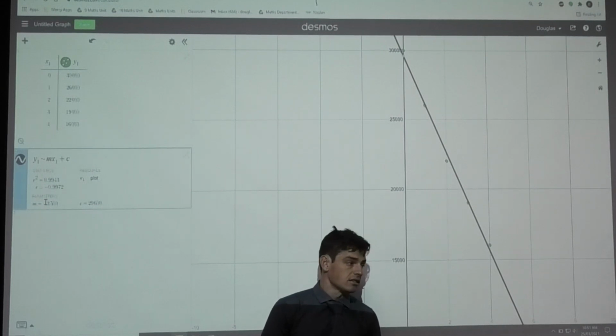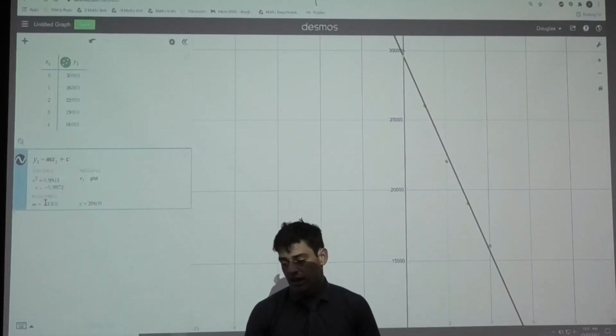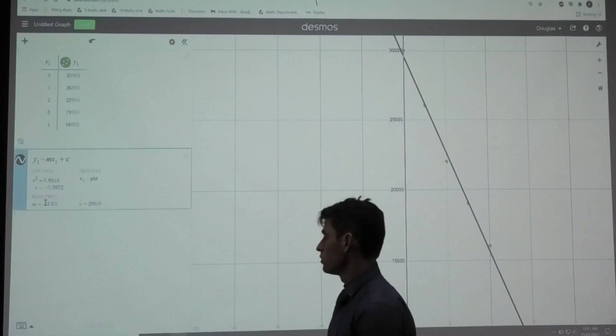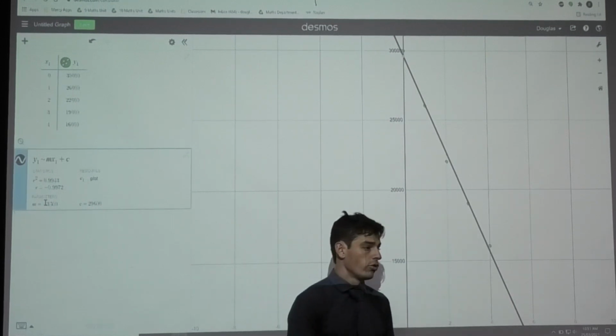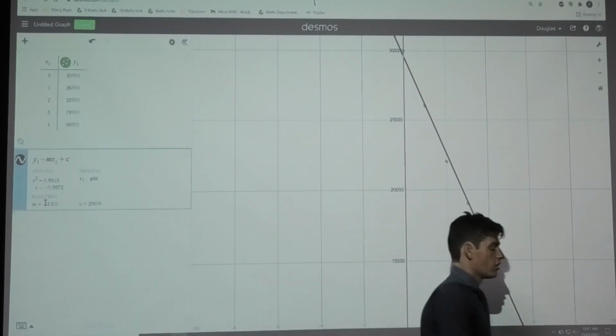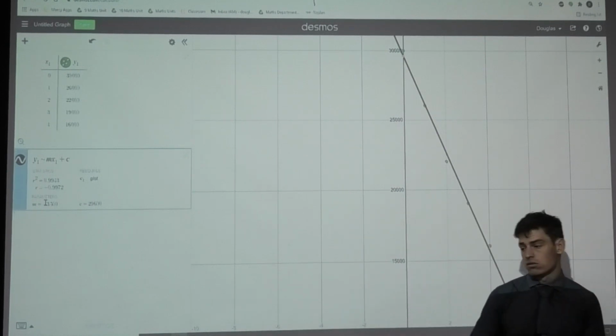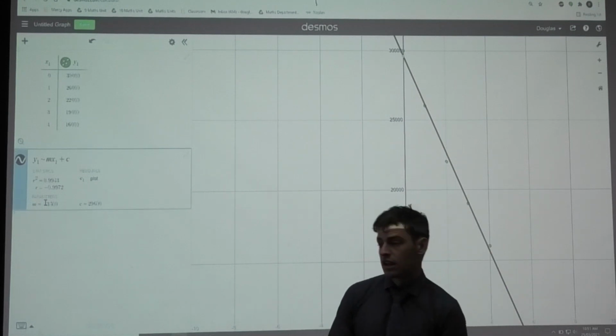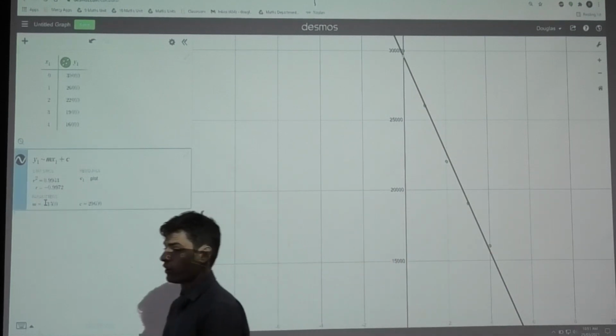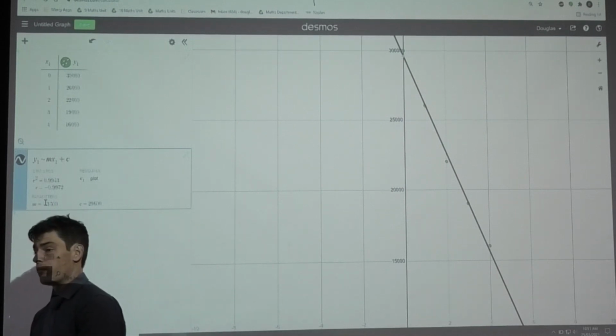It tells us how close our line goes to our points. So the R squared value is the correlation value, and it tells us how close our line goes to our points.